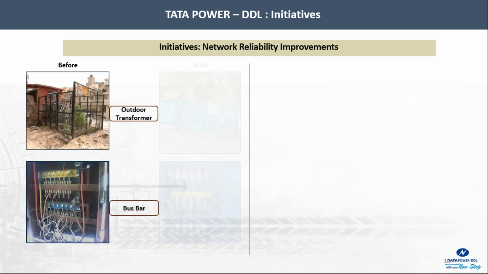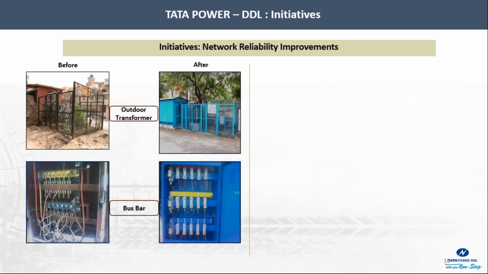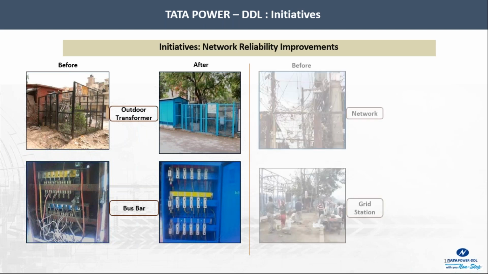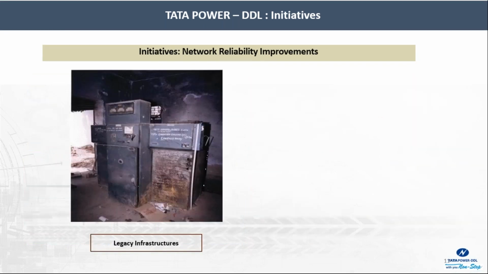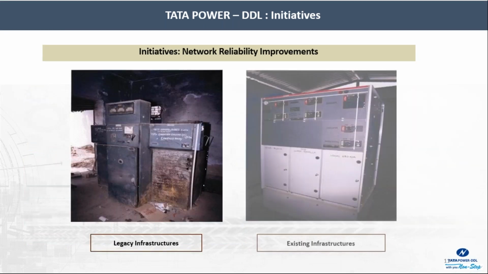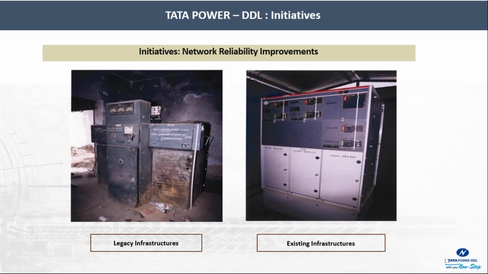Thank you. The next slide is just how the situation was, and how we invested in network infrastructure and changed the network. Then the next slide is the legacy infrastructure, how it changed to the existing infrastructure. So all oil circuit breakers were changed to ring main units from Schneider, Siemens, ABB.